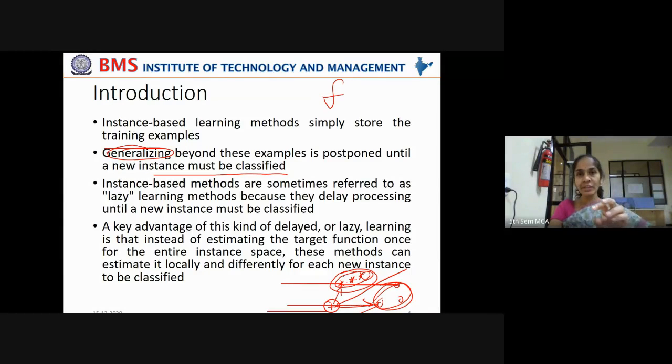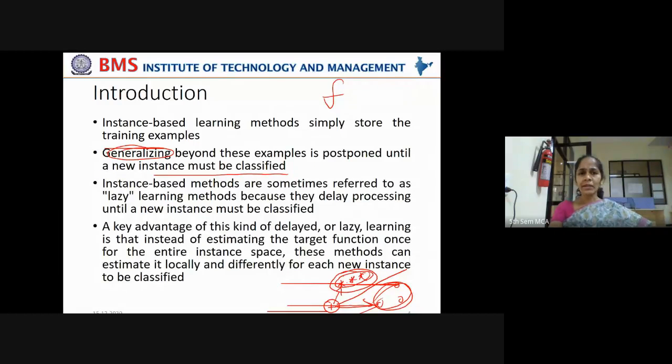Now, because the new instance is given, its features are compared with the existing data points, and with whichever existing data points it is matching, it will be assigned to that particular class. How that exact classification is done, I'll explain later, but preliminarily just keep this in mind: its features are compared with the existing training examples and classified accordingly.